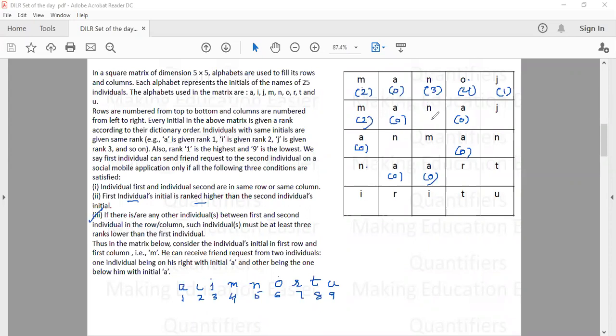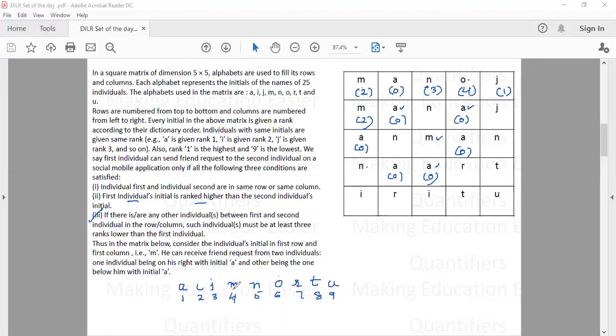Now let's check this N. Now this N can receive the request from A, second one from here, third one from here, and fourth this M, right?